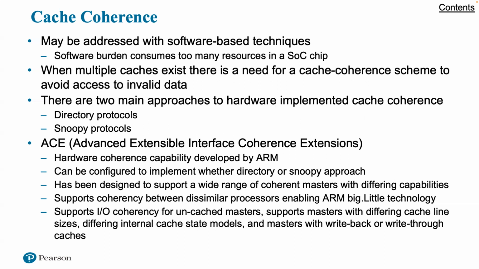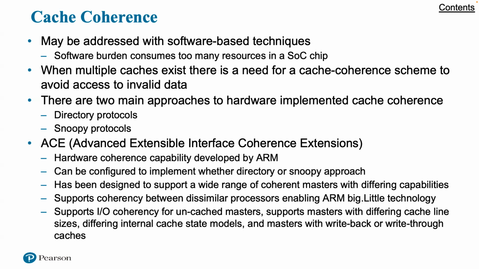As described in Chapter 20, there are 2 main approaches to hardware-implemented cache coherency: directory protocols and Snoopy protocols. ARM has developed a hardware coherency capability called ACE, the Advanced Extensible Interface Coherence Extensions, that can be configured to implement either directory or Snoopy approaches, or even a combination.